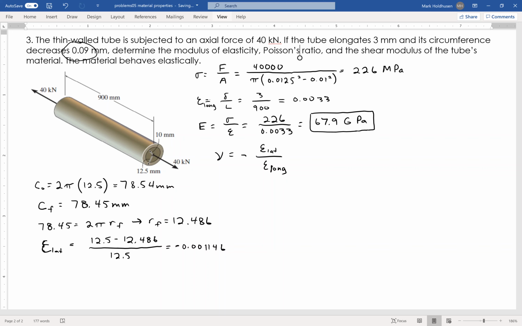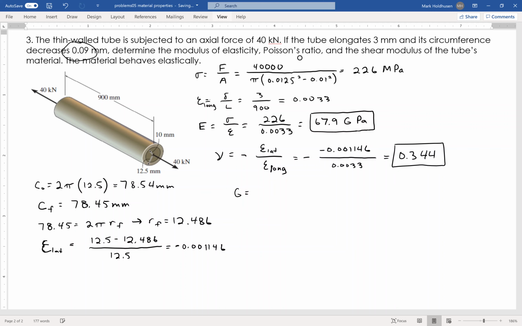So plugging in those values, again, I get negative, and I get negative 0.001146 divided by 0.0033, and I find that Poisson's ratio is 0.344. Now from those two values, I can figure out the shear modulus, just from the following equation.